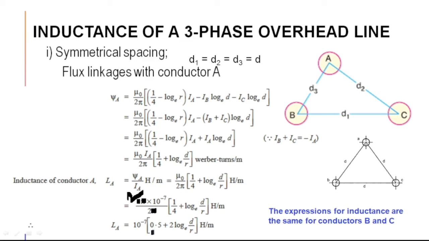The term 1/4 times 2 gets as 1/2. The 1/2 term is 0.5, plus 2 into log_e D by R, Henry per meter. And this expression for inductance is the same for conductors B and C.